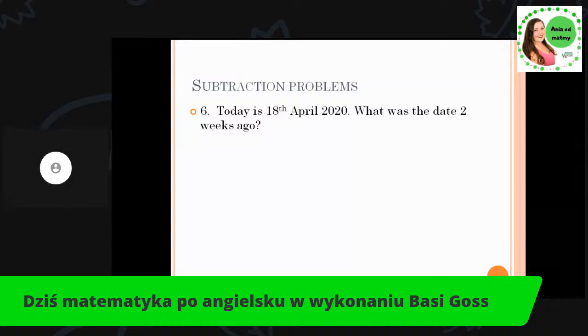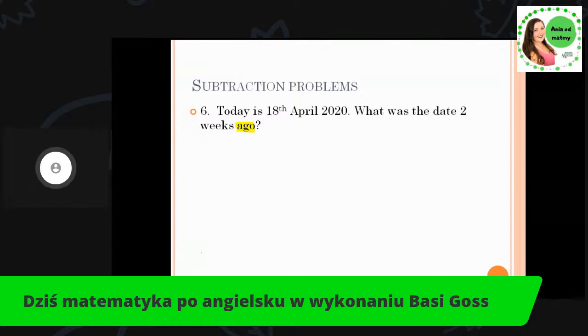So, what words are we going to use to explain why we need to use minus? So, ago means that happened before, so it was in the past. So we're going to go back. And we also have two numbers that we're going to use, but not straight away.